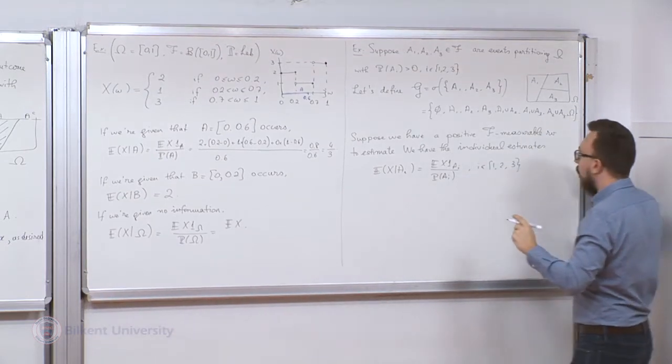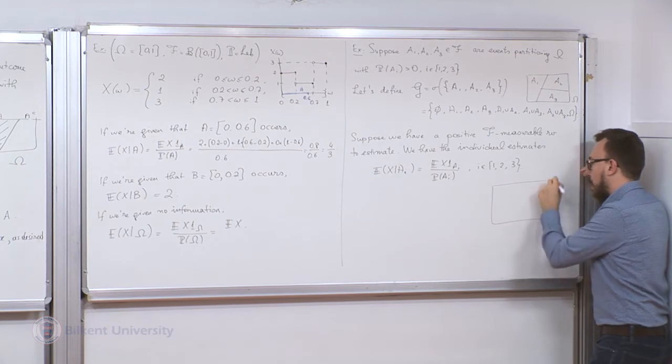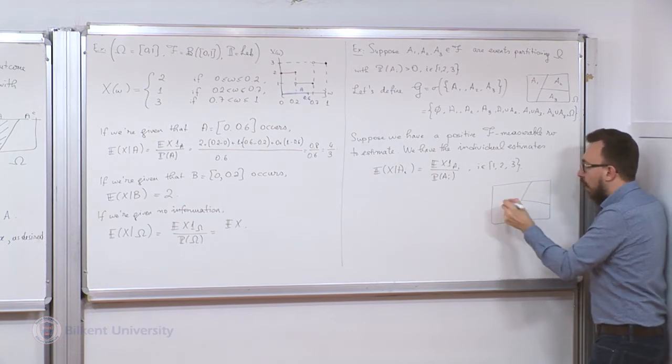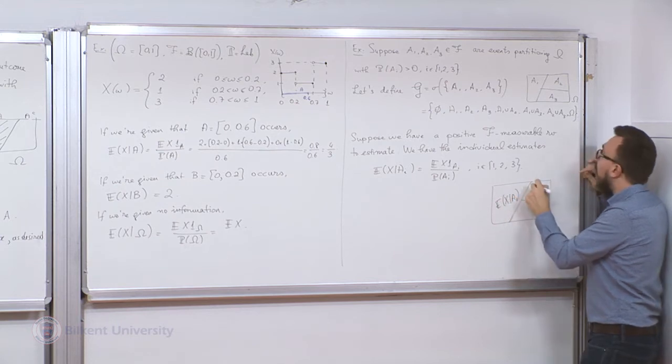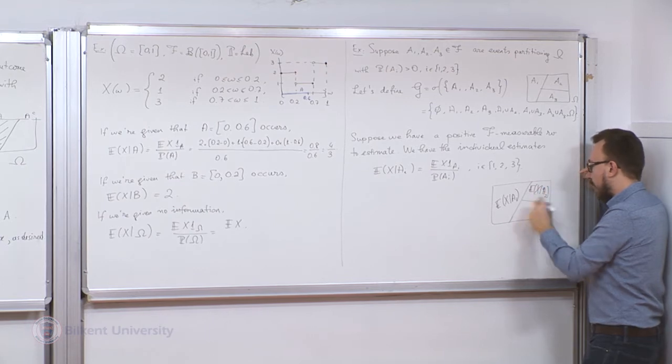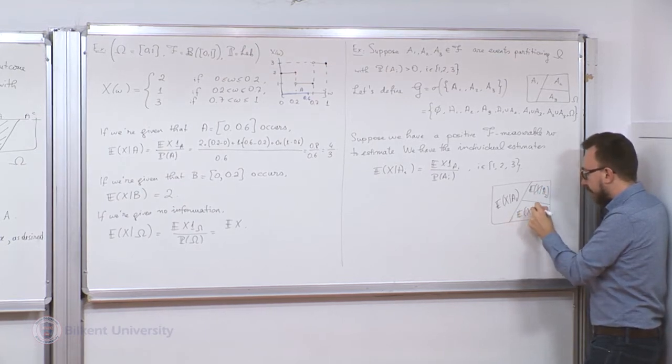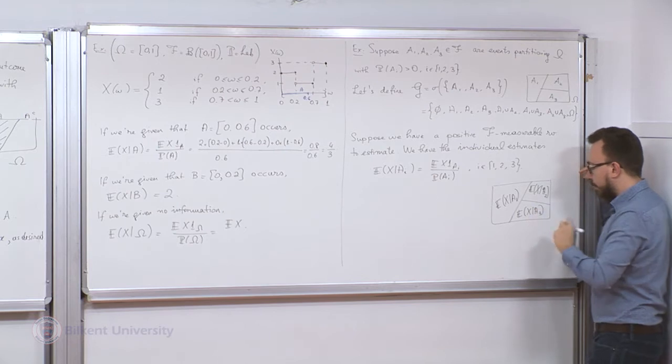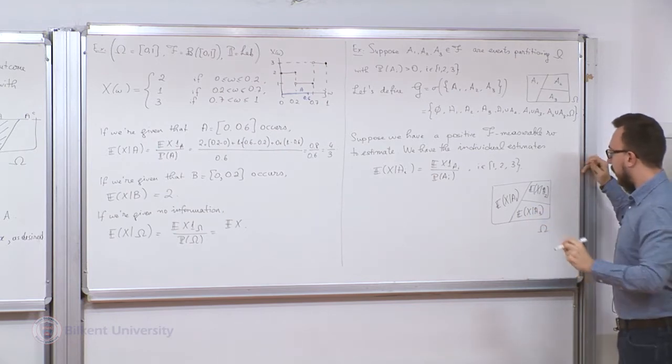So in other words, on this set, this is our estimate. On this set, this is our estimate. And on this set, this is our estimate.